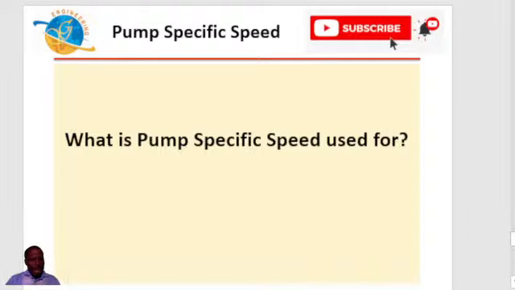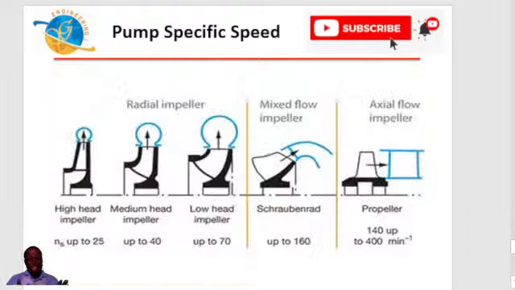Like I mentioned, we have different impeller shapes. So you need the calculation of your pump specific speed so that you can identify the impeller shape best suited for a given task. You have the radial flow impeller, the mixed flow impeller, and the axial flow impeller.